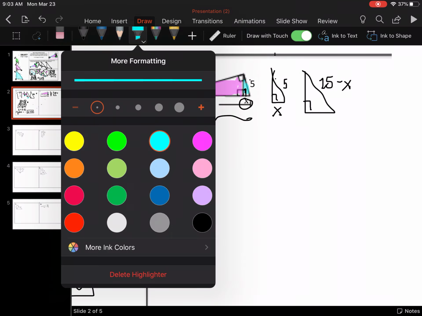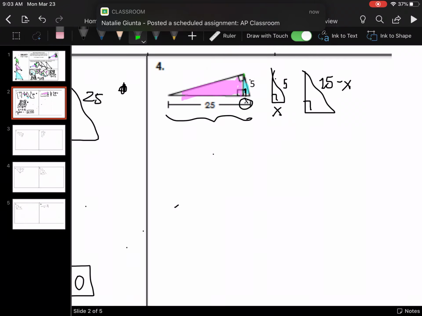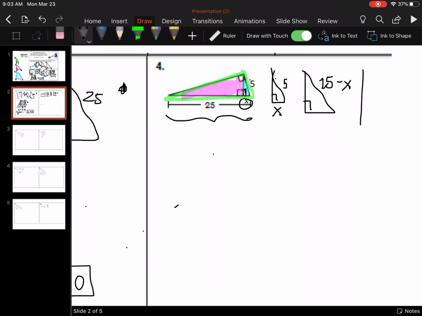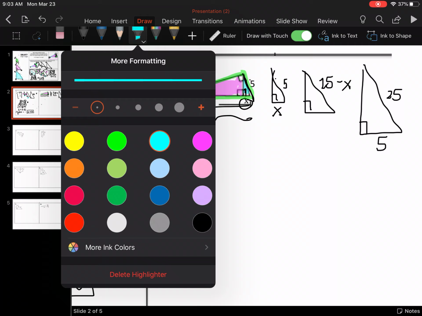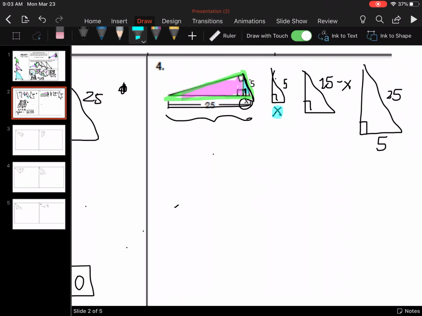Let's look at the bigger picture. Bigger picture is right there. Okay, make a big right triangle. The bottom, or the shortest piece of it, is 5. The hypotenuse here is 25. So boom, there's our pairs. We have x right here with the 5 right here.